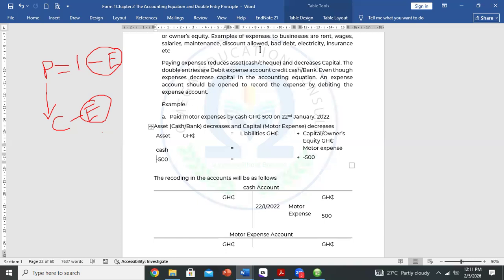At that point, you haven't paid anything. But immediately you pay, let's say you pay 300, when they ask you what your motor insurance expense is, you will tell them 300. Has it not increased from 0 to 300 because you paid?